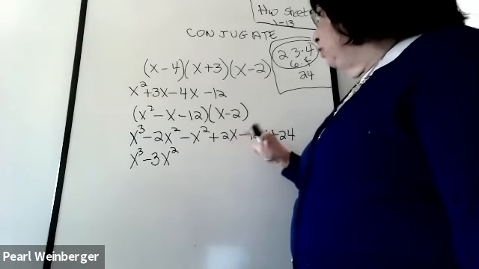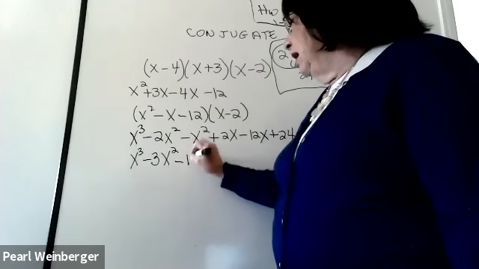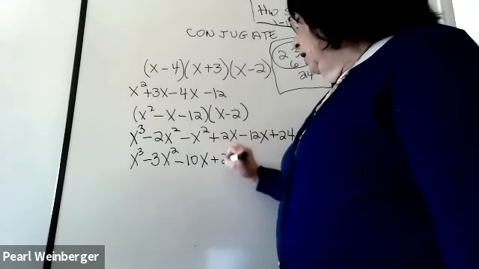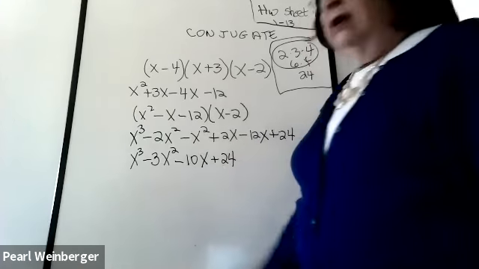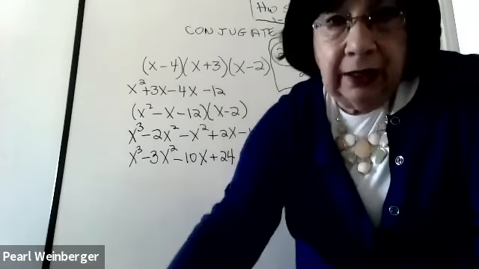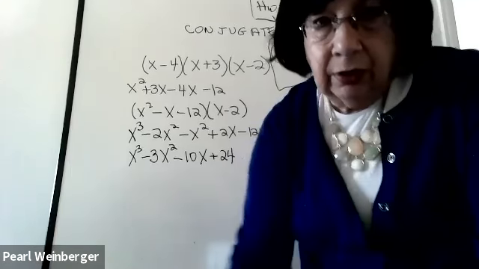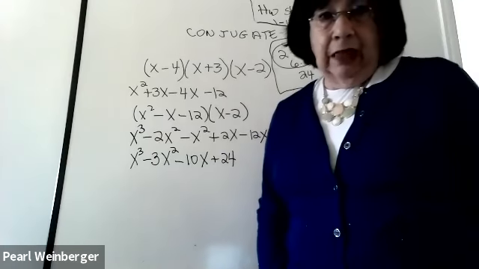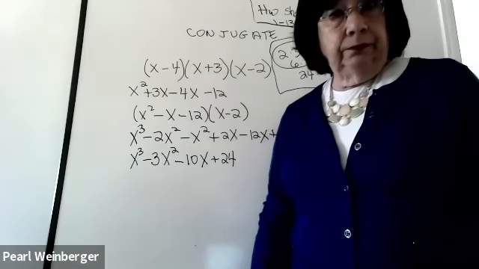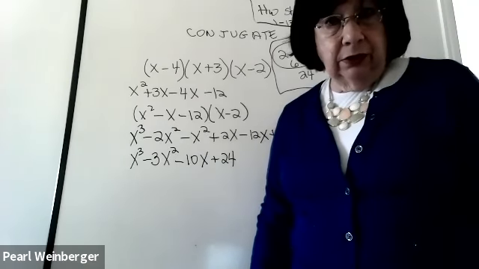So 2 and negative 12 is negative 10x and plus 24. I hope you all got that answer. X cubed minus 3x squared minus 10x plus 24. Any questions about this?